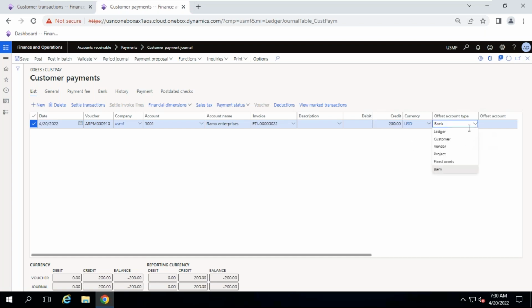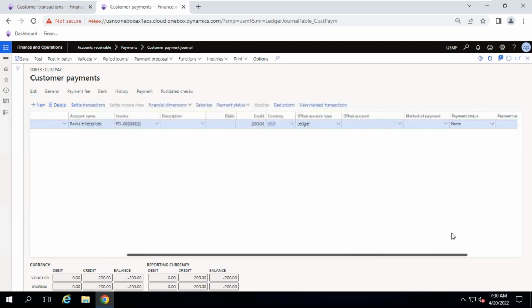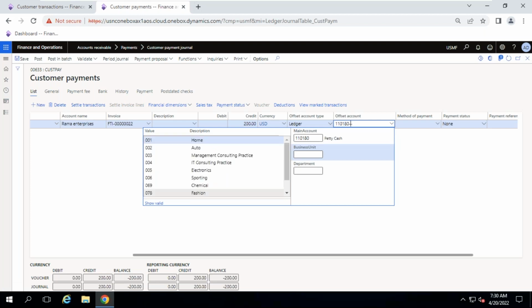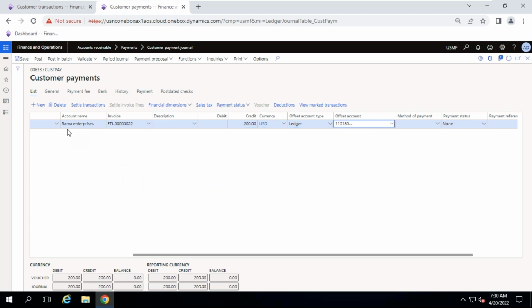Now suppose the customer is paying cash. So I have selected ledger, and I have selected cash. So the customer account is credit and the cash account is debit, because my cash balance will be increased.